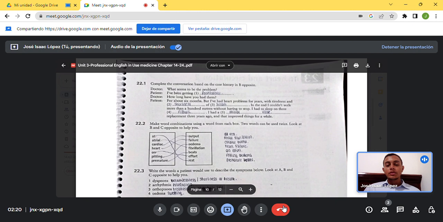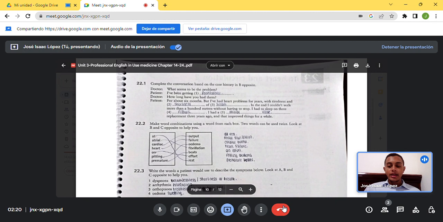Dice acá que complete la conversación basada en el caso clínico, en la opción B. Doctor says, what seems to be the problem? ¿Cuál parece ser el problema? Patient said, I've been getting palpitations.